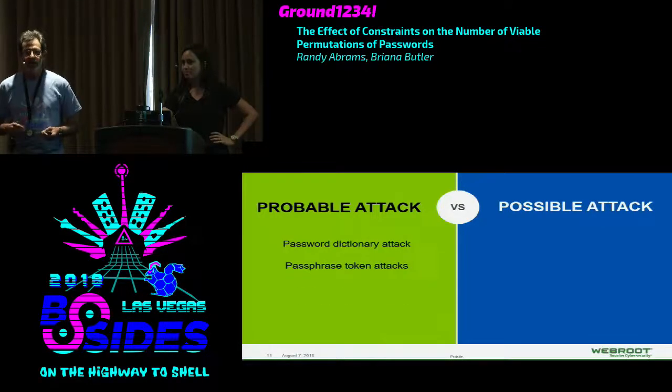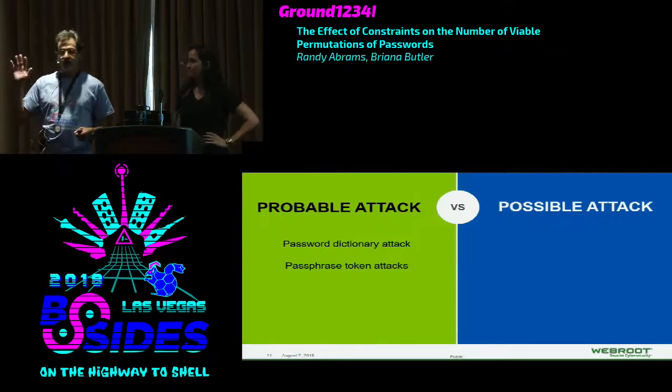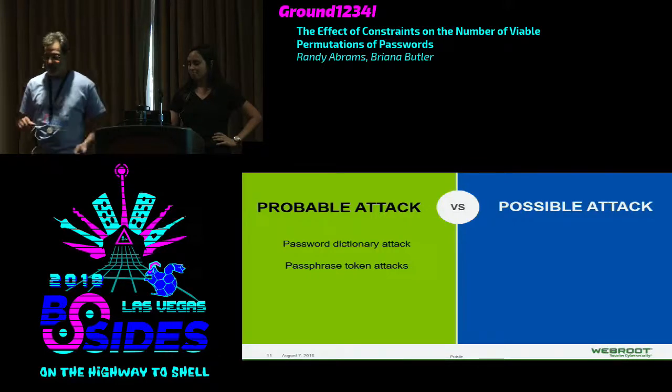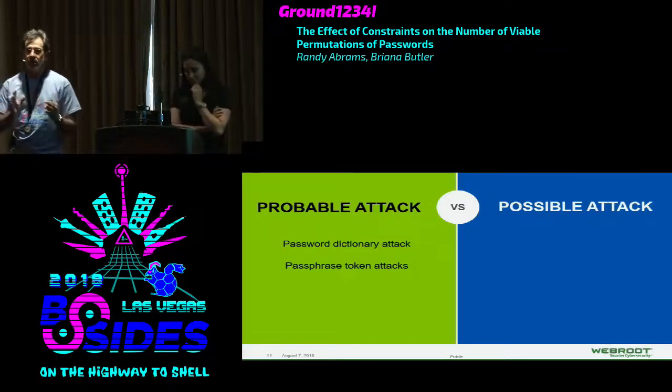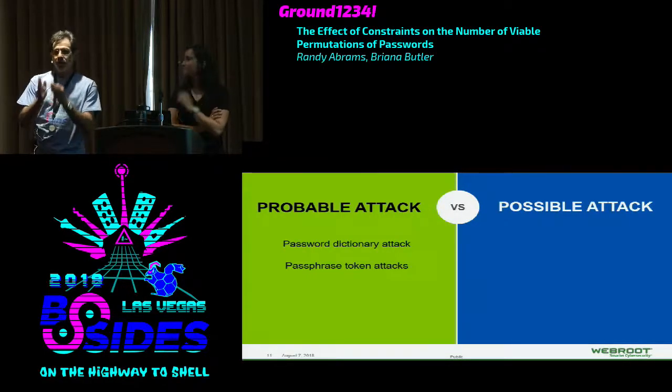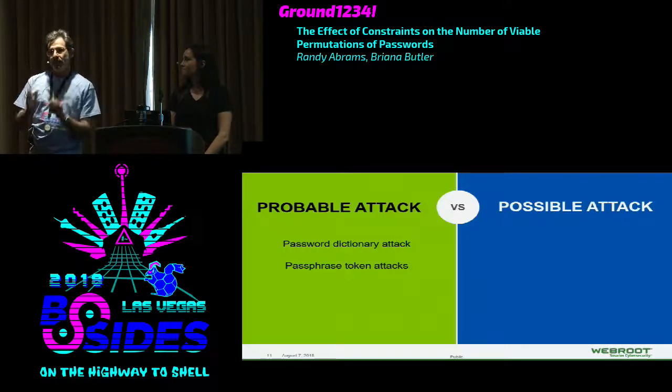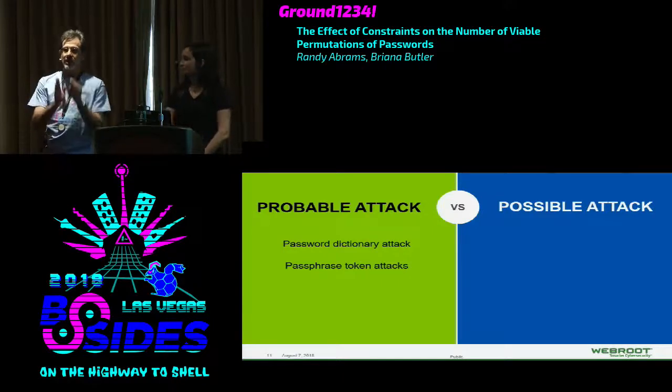Another kind of attack. Are you familiar with passphrase token attacks? If not, just let me know. I've got a very brief explanation. Okay, so in a password brute force attack, you check one character at a time. For a passphrase token attack, you treat each word as a character. Now, a lot of people get the math wrong.